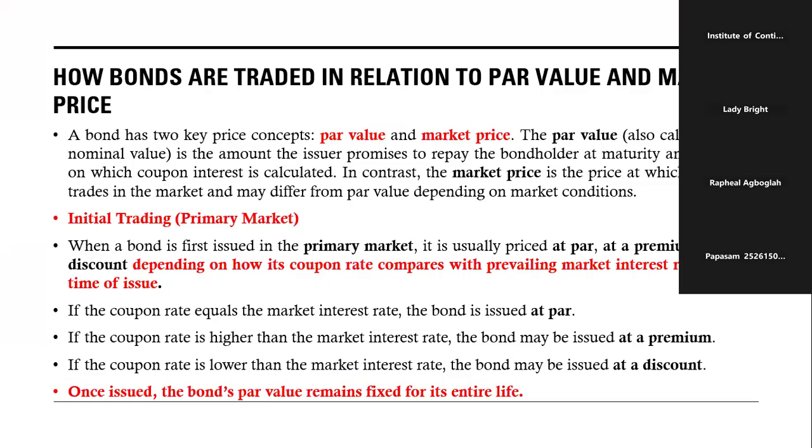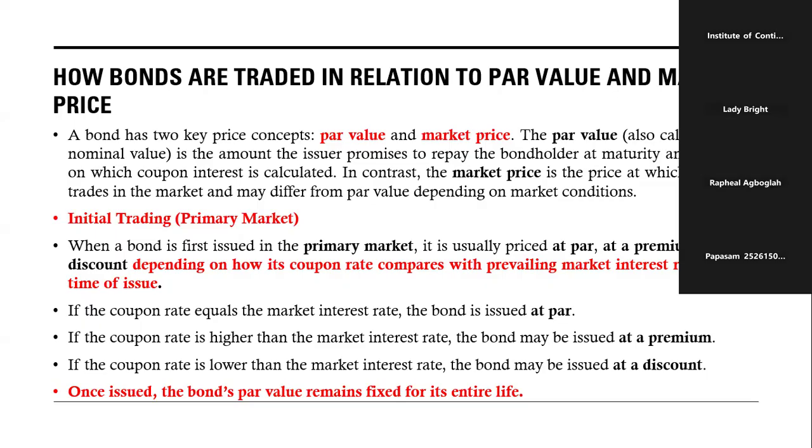There is the par value or face value, which is the principal to be received at the end of maturity. The coupon rate is fixed, and the price at which the bond is sold is fixed. At the initial stages, all of that is fixed.